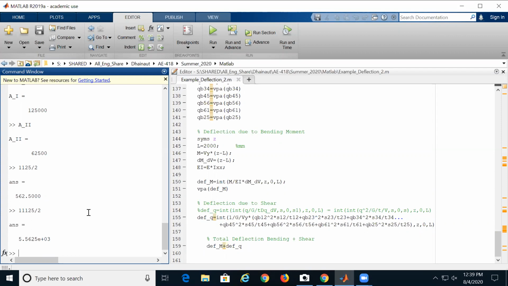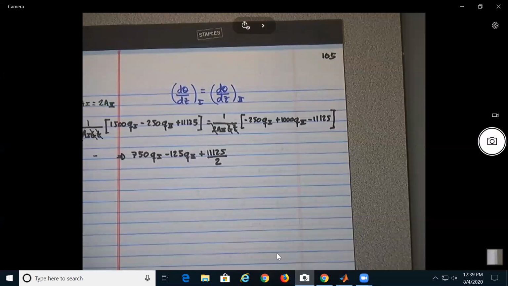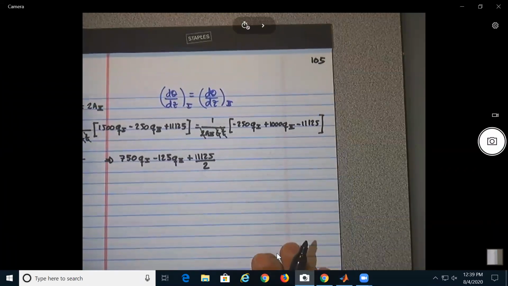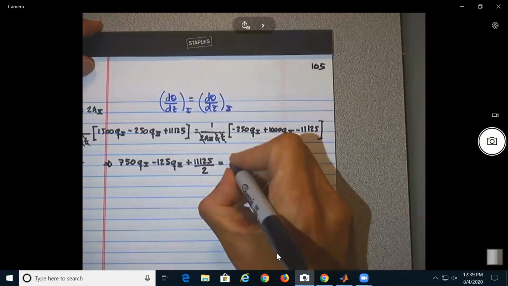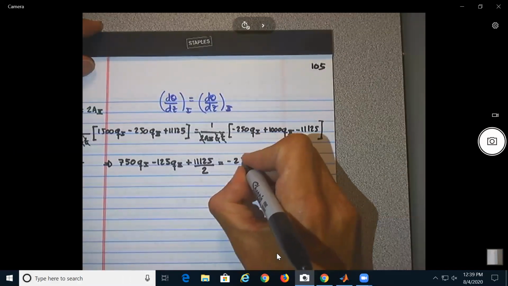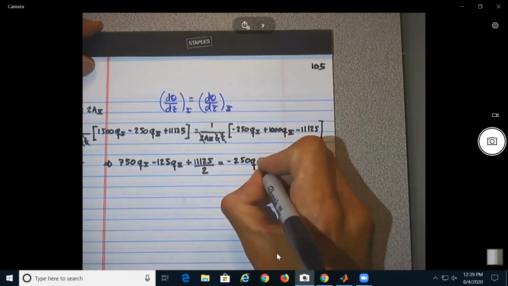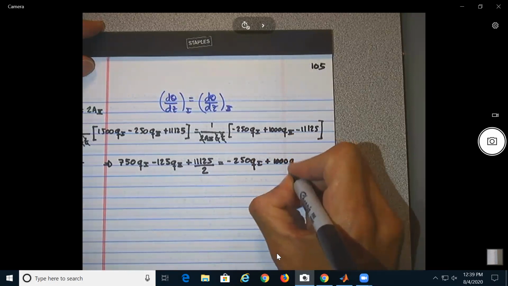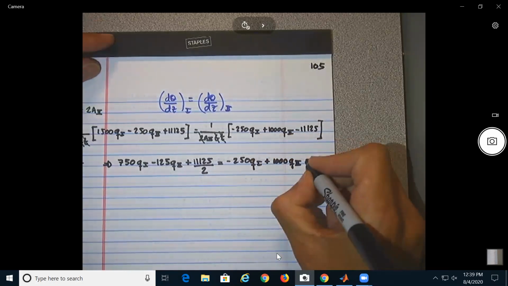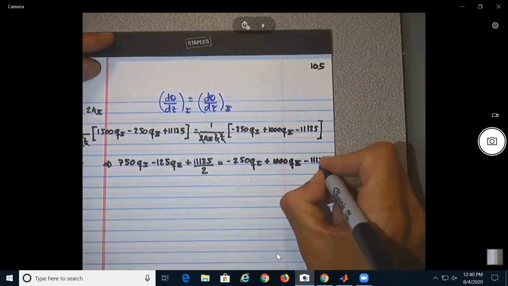So I just do the half, it would be easier than writing 11,125 divided by 2. And this should be equal to minus 250 Q sub 1 plus 1,000 Q sub 2 minus 11,125.